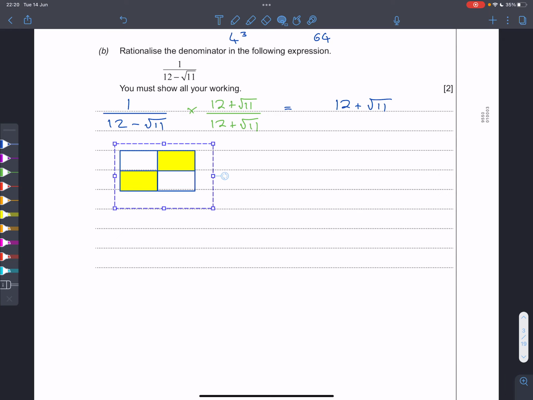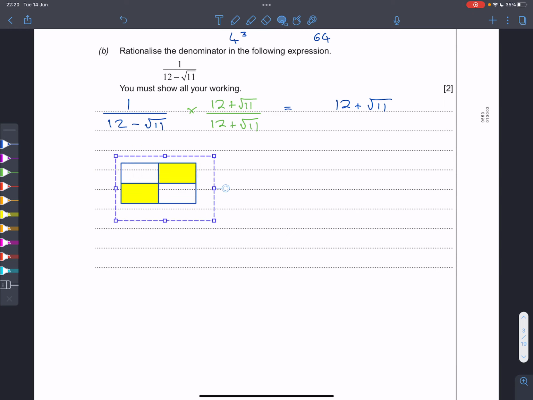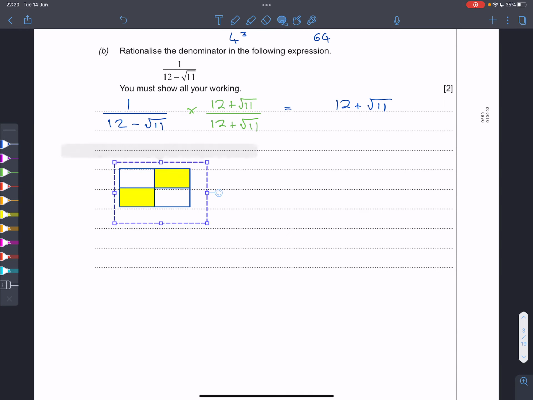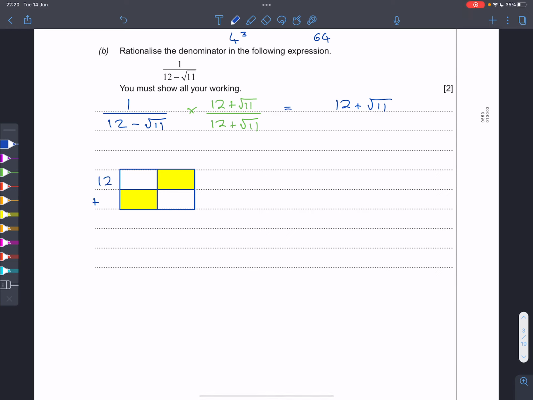Here's my 2-term by 2-term expansion. Let's have my 12 plus root 11 and 12 minus root 11.